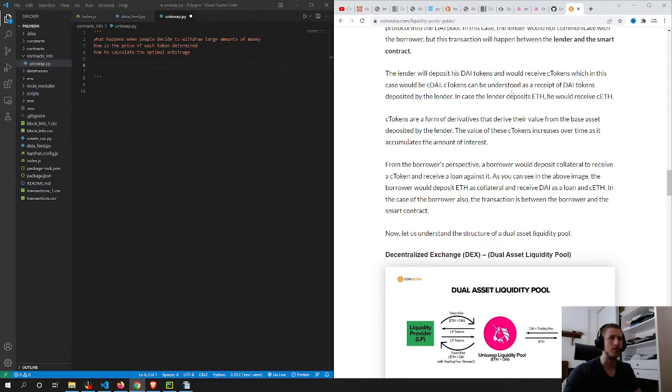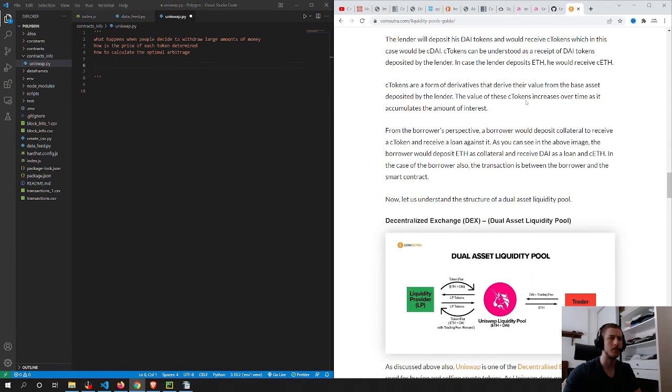In case the lender deposits ETH, he would receive C ETH. C tokens are a form of derivatives that derive their value from the base asset deposited by the lender. The value of these C tokens increases over time as it accumulates the amount of interest.